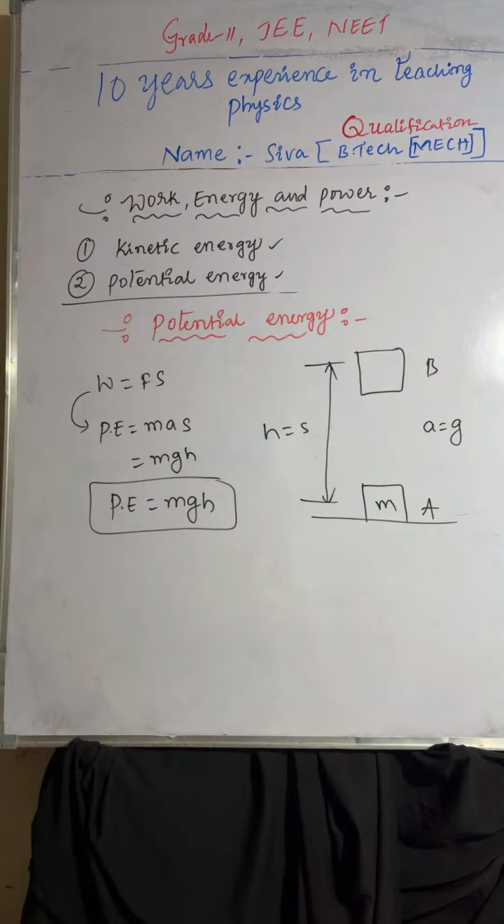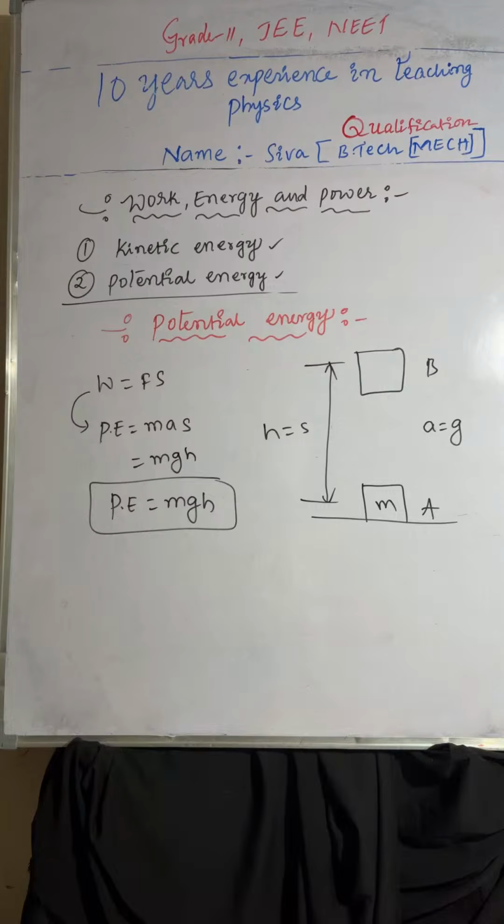Okay. So work, energy and power in that. Work done equal to force into displacement. P equal to mass into acceleration into displacement.